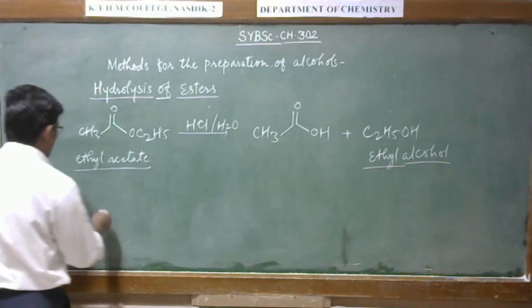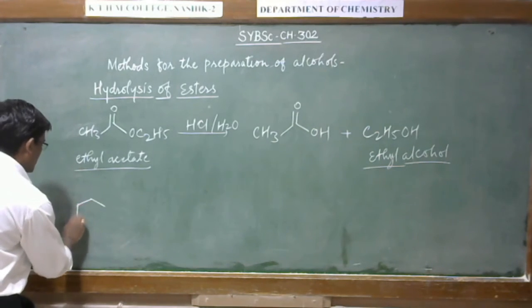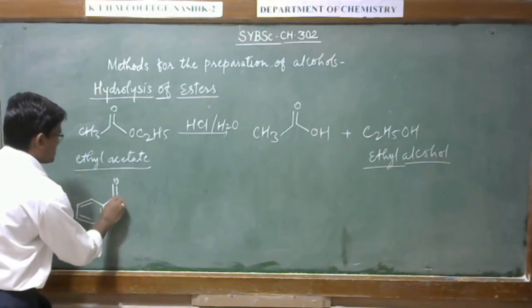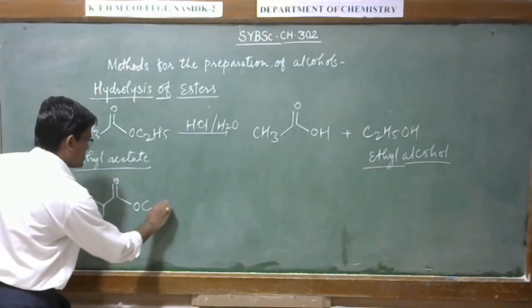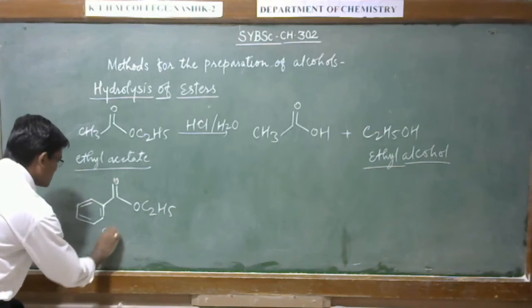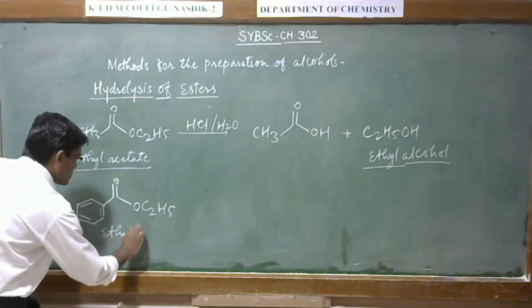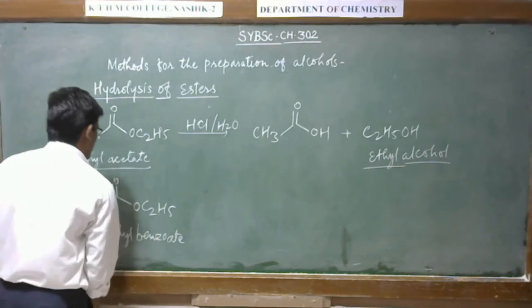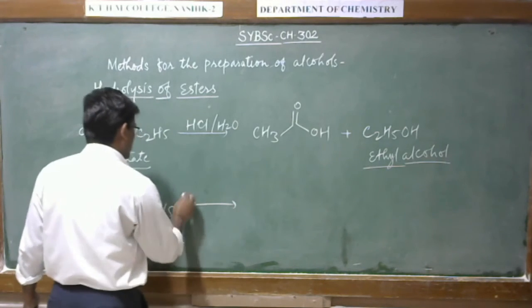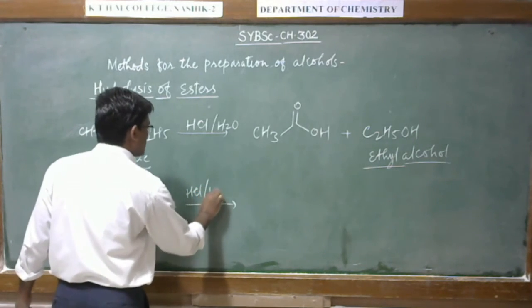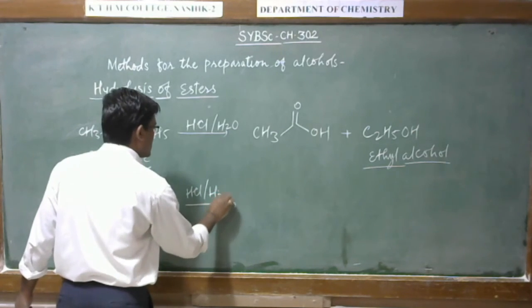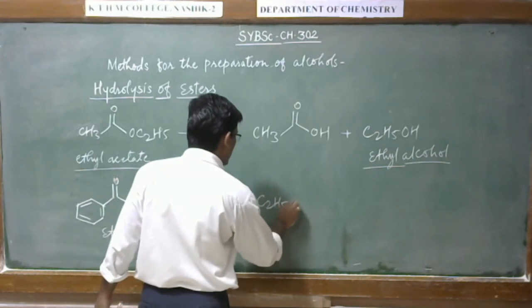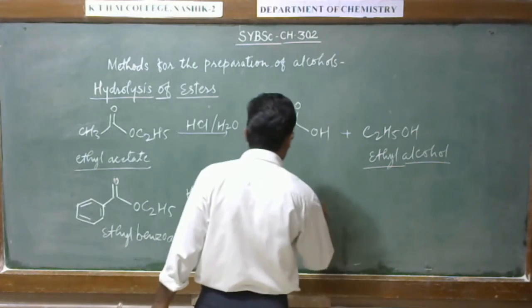So let us have another example. For example, ethyl benzoate. Okay, when this ester reacts with HCl, it will give ethanol plus benzoic acid.